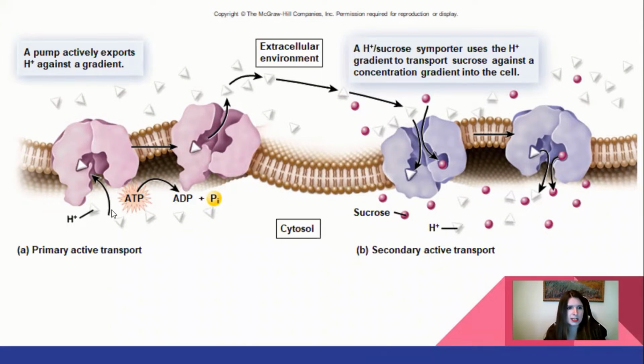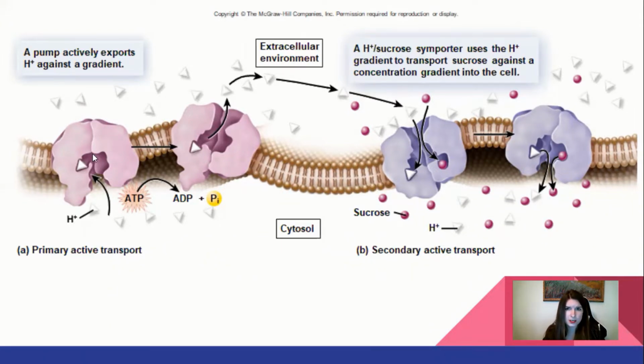So what we see happening here, so we can see that when we start out, we have a low concentration of these hydrogen ions, so that's the H+, or these white triangles on this side of the cell in our intracellular environment. And we have a high concentration out here in the extracellular environment on the outside side of our cell.